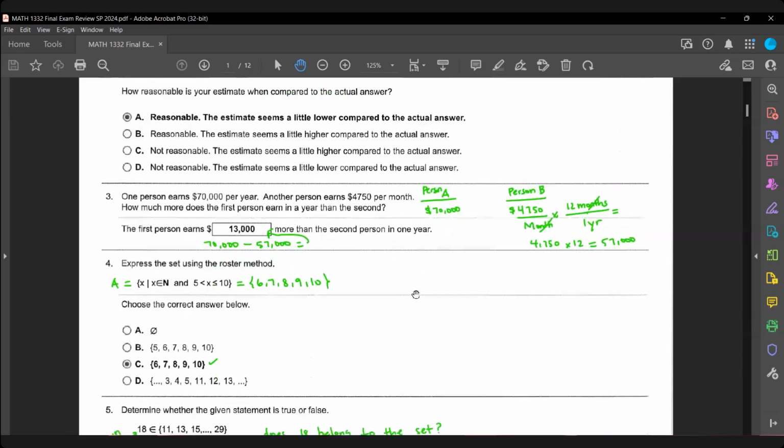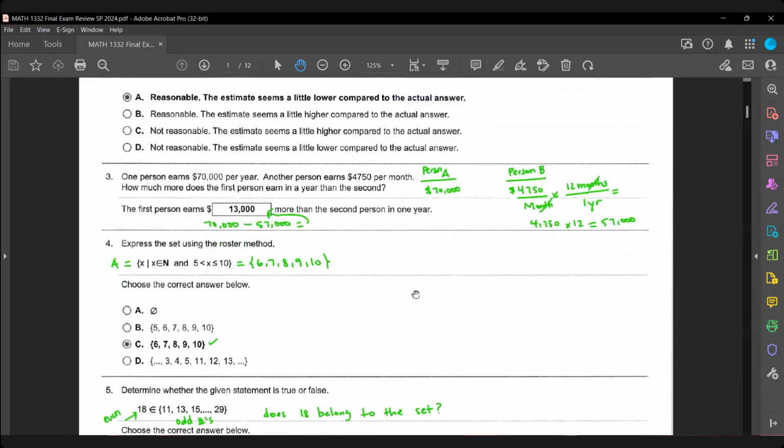In question 3, it talks about two individuals. One individual earns $70,000 per year, and another individual earns $4,750 per month. It wants to compare both individuals. For individual B, I wanted to write this number in terms of how much money they make per year.